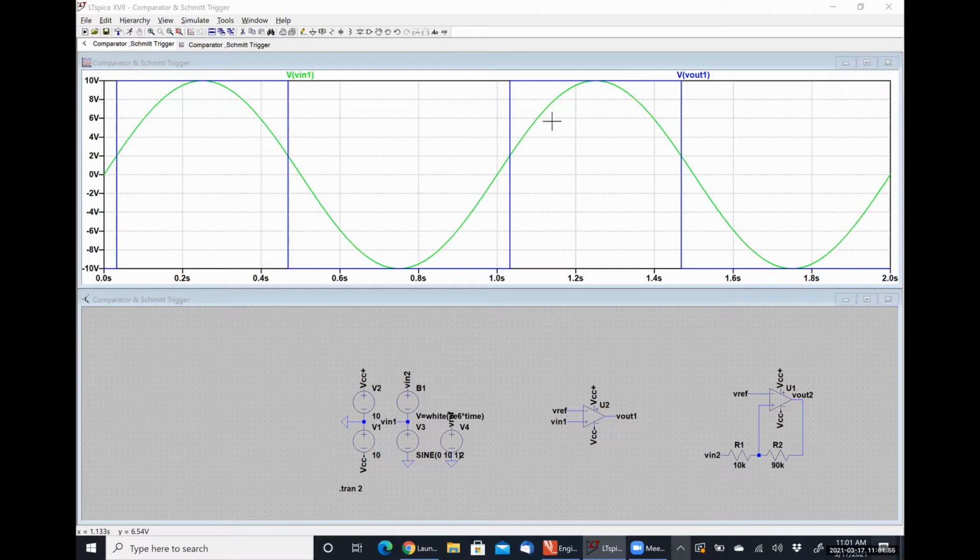And every time my input voltage goes below 2 volts, my output goes to VCC minus. So this is a simple non-inverting comparator.